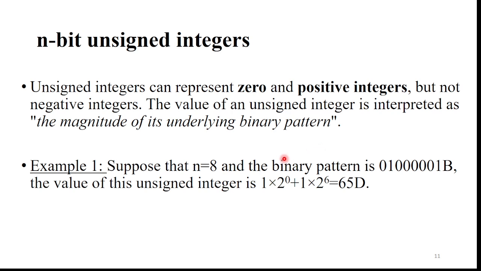Let's look at the given example here. So here we have a binary pattern 10000010. Here B stands for binary. When I say 10000010, and here we have the letter B, B means binary. So this is a binary pattern.